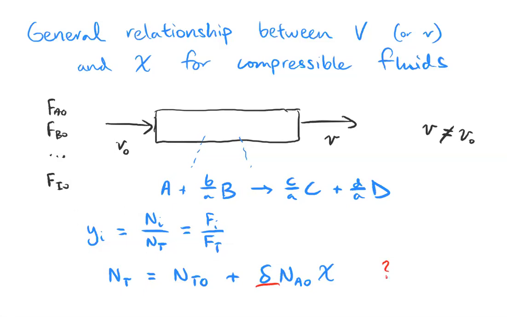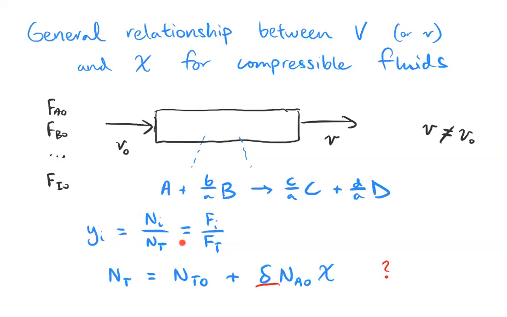Because if we knew that, we could very quickly get to plugging in this term, and then perhaps we could also recognize what we always do with mole fraction, since we essentially just use the ideal gas law to figure out how we can relate concentration to these terms.